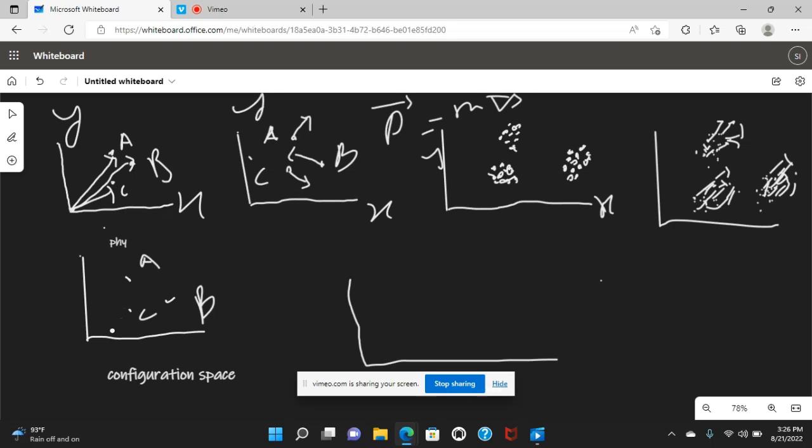So instead of thinking about a cluster, we are thinking about a single object, which is equivalent to a cluster in a lower dimensional plane.